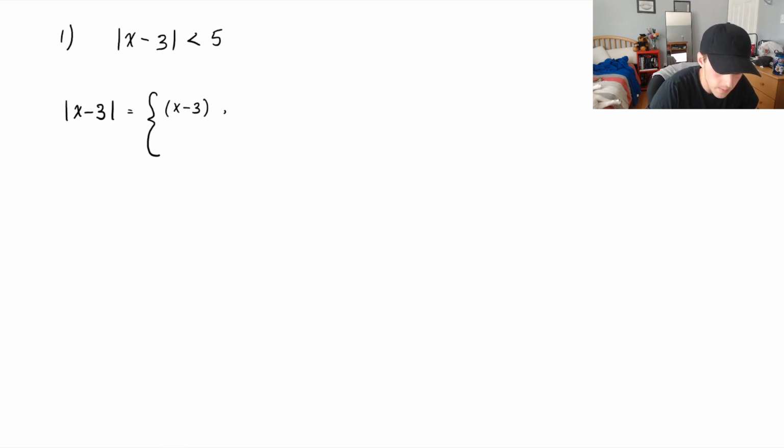But when x is less than 3, then if we were to put that into x minus 3, we'll start getting a bunch of negative values, right? So in order to turn those values positive, what the absolute value does, we just put a negative out in front of the quantity x minus 3 to turn it positive. So you can see negative times a negative number, since x is less than 3 in that case, will become a positive number.